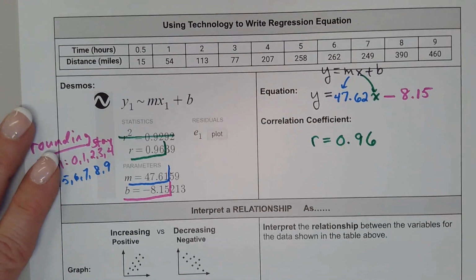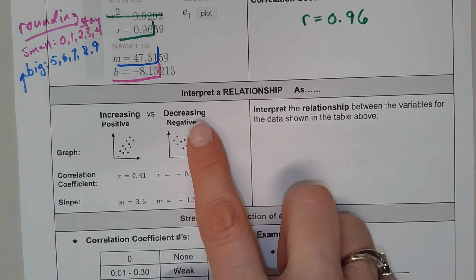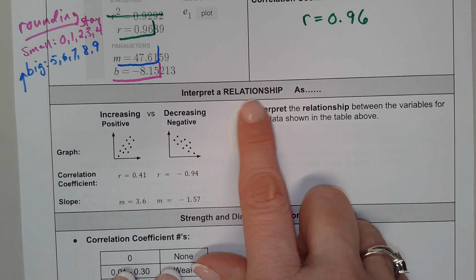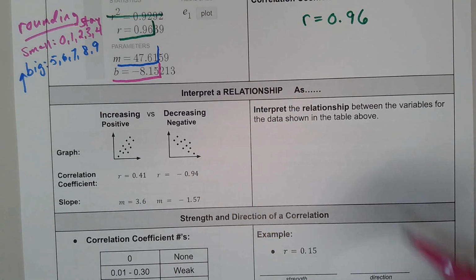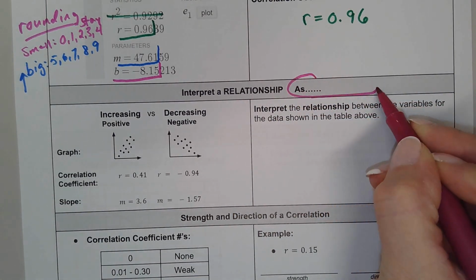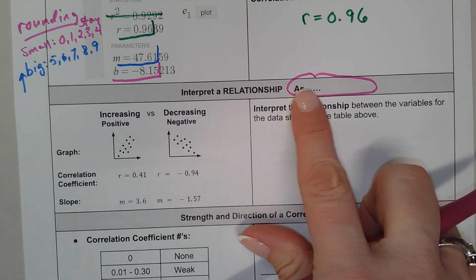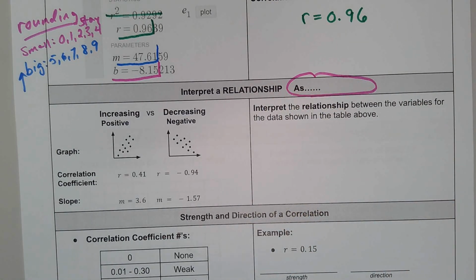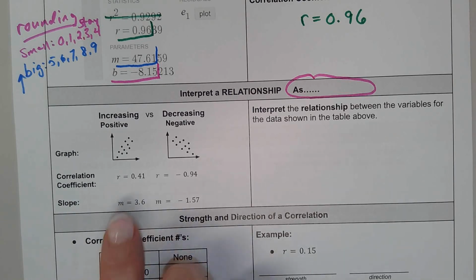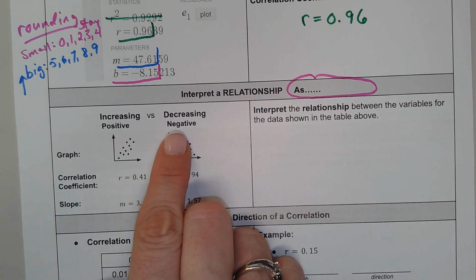Okay. Something else we have to know how to do: interpret a relationship. Okay? There are 3 ways you know if it's increasing or decreasing.